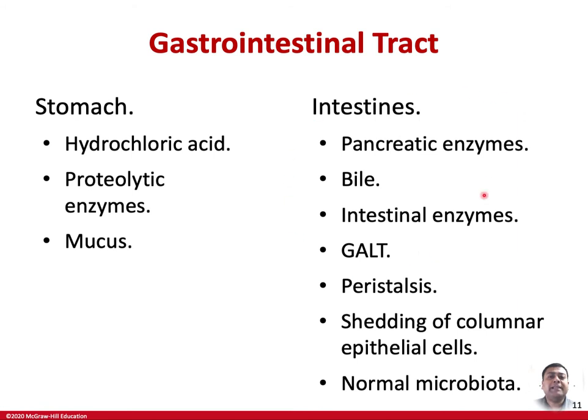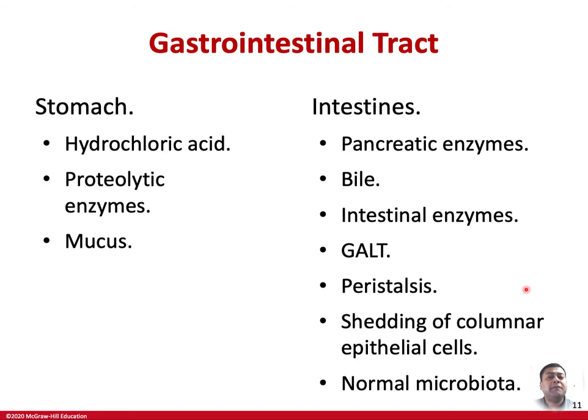On the other hand, the intestine produces pancreatic enzymes and bile, which will help bind to the lipids and degrade them. It also contains intestinal enzymes. There is something called gut-associated lymphoid tissue, or GALT. We're going to talk about that. And also peristalsis is the motion of the intestine by the help of smooth muscle, which moves the food particles down the intestine.